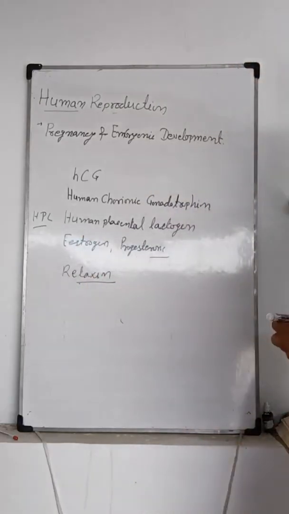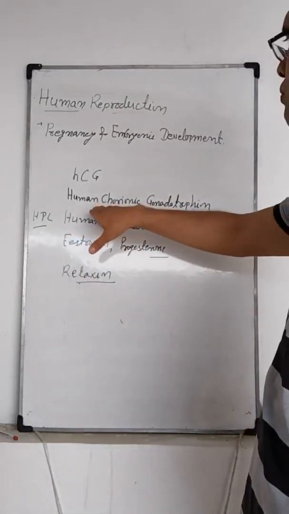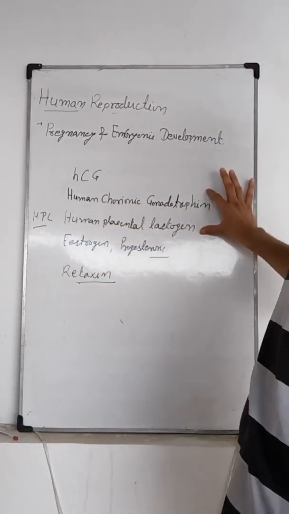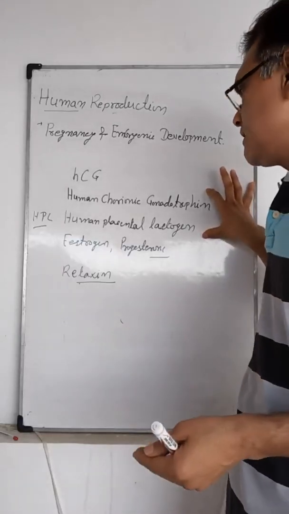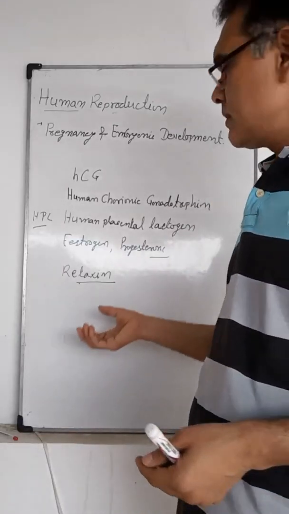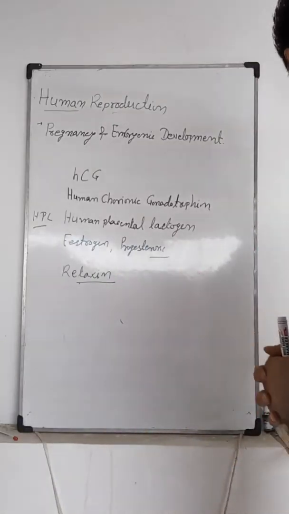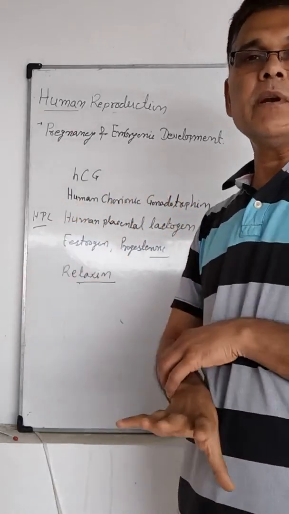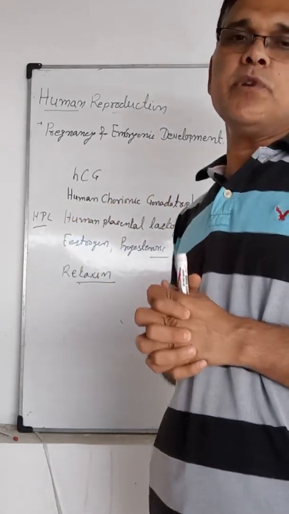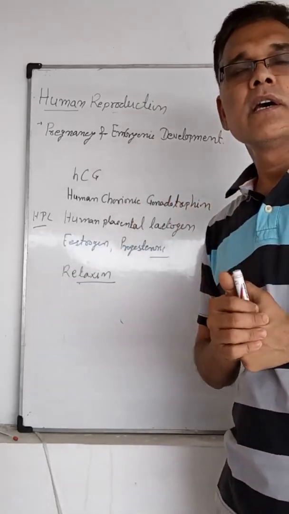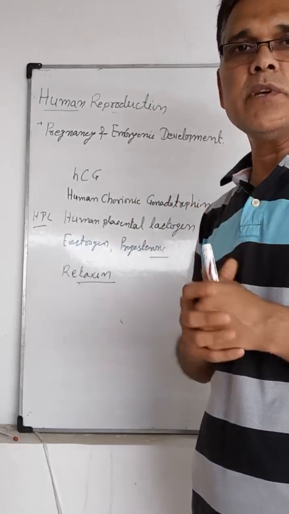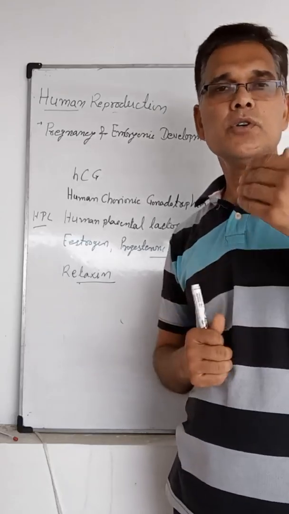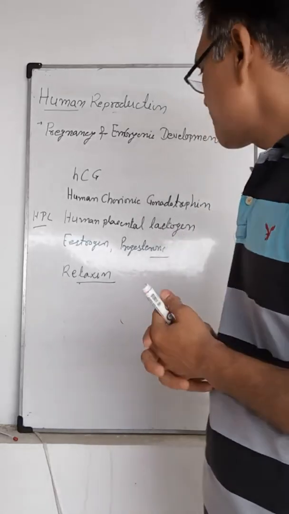Human chorionic gonadotropin and human placental lactogen are produced only during pregnancy, and relaxin at the time of parturition. These hormones are produced during the gestation period, the 9-month period of pregnancy during which the embryo develops into a new young one.